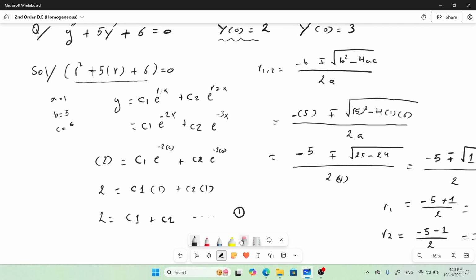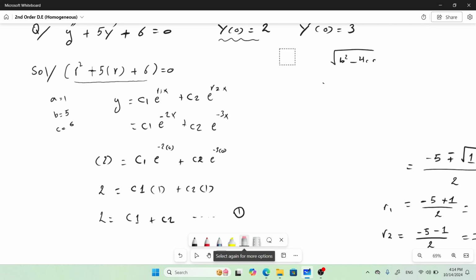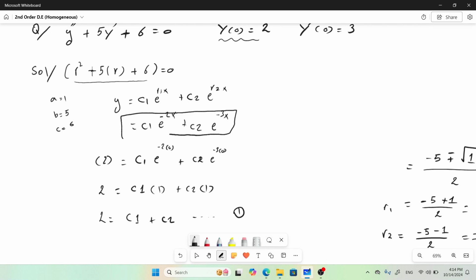Now we must find the values of c1 and c2. We have one more boundary condition, which is y dash of 0 is equal to 3. So we take this equation here and derive it to the first derivative.